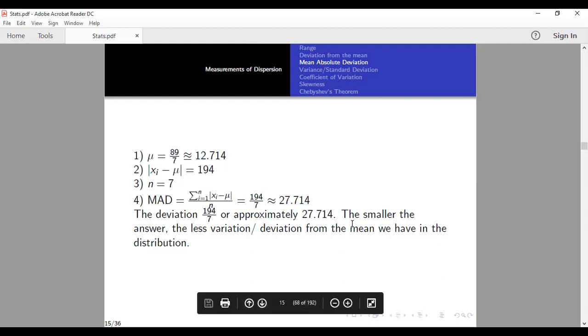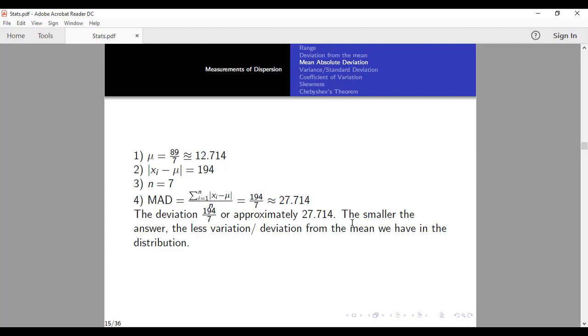Now, the smaller the answer, the less variation or deviation from the mean we have. Remember, I said we want the difference to be as close as possible to the mean, if it is possible. Our data will be random, meaning unplanned or not manipulated, so we don't know what type of values we will have.